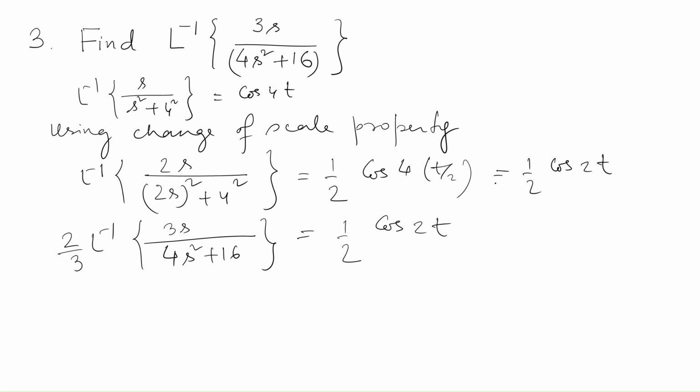So this equals half cos twice t. So if we write here 2 by 3 and inside it is 3s, then it is similar to the previous line. So the inverse Laplace transform of 3s by 4s square plus 16 is 3 by 4 cos twice t. This is the answer.